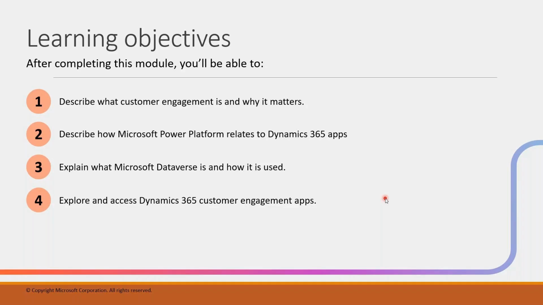One is to describe what customer engagement is and why it matters. We will understand why CRM or customer engagement, CE, is needed and why it matters a lot. Then, describe how Power Platform is related to D365 applications.